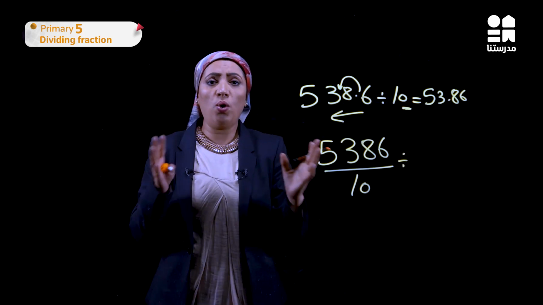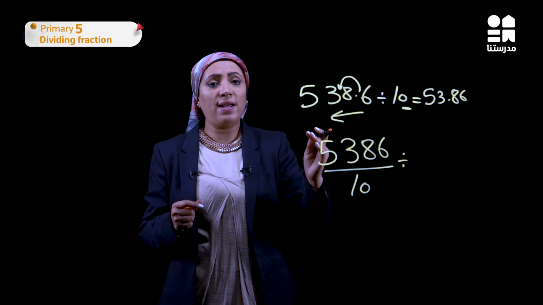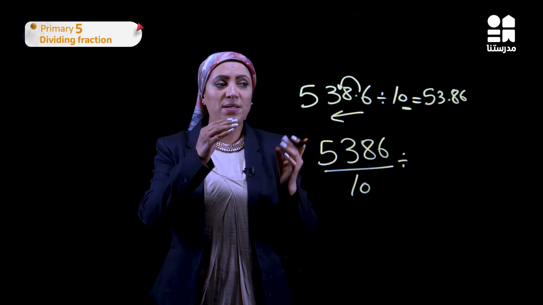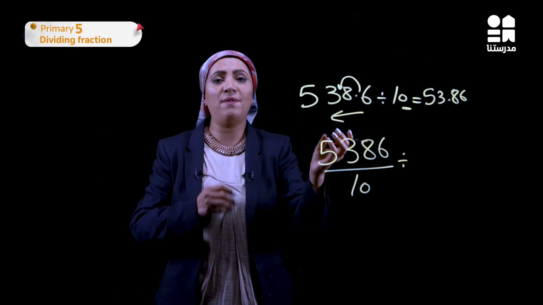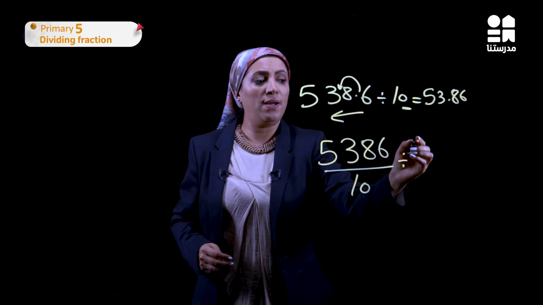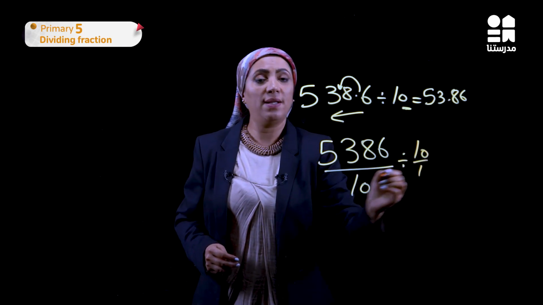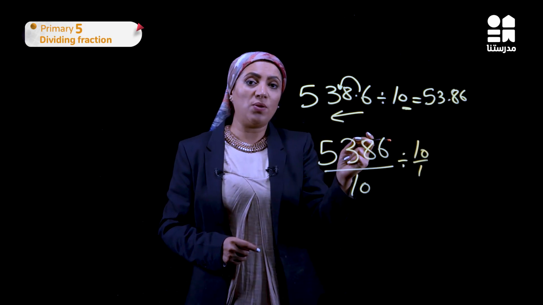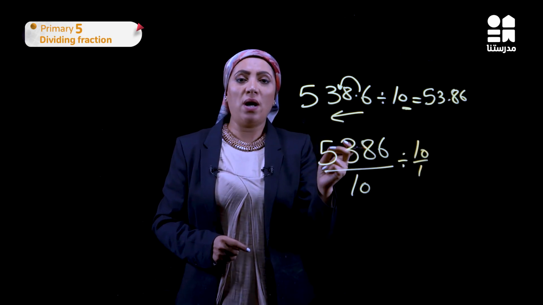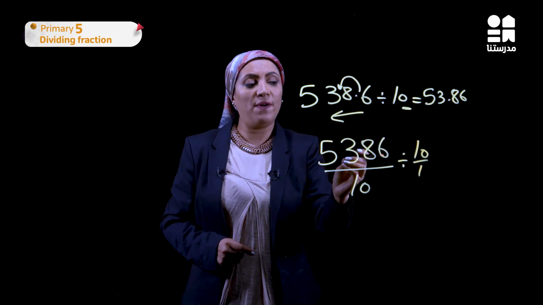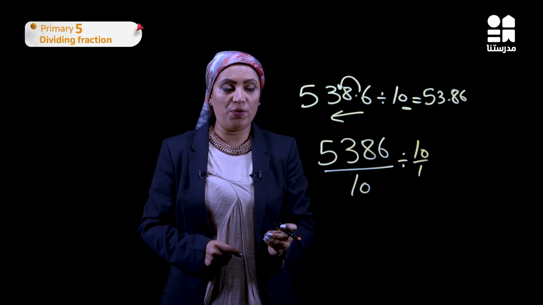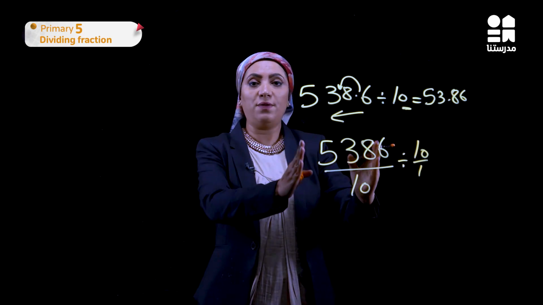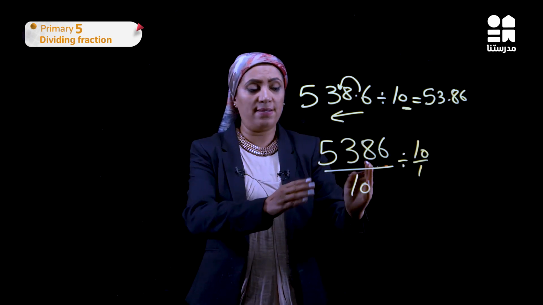We said all the whole numbers in the world are fractions, but the whole number, or the number that we have, is a fraction over 1. So the 1 is hidden. Now I want to do what I already did before when I dealt with dividing two fractions by each other. We said that the first fraction stays as it is.